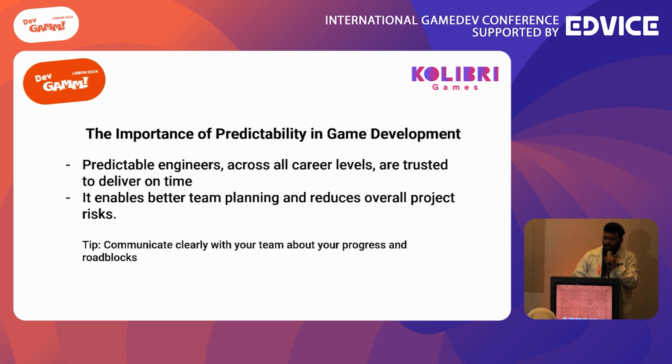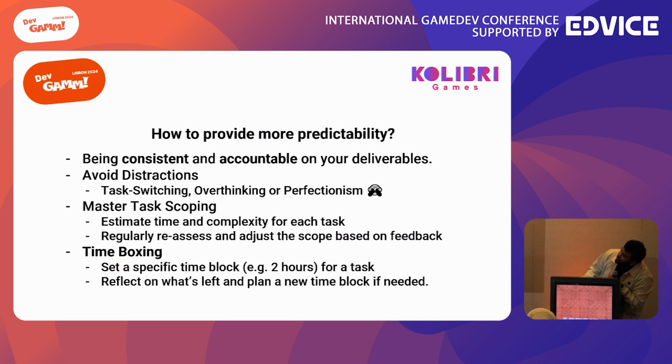Now the question is how to provide more predictability. Being consistent and accountable on your deliverables makes you more predictable, because you know what you're doing. You tell the production team, all the team members who depend on you, okay, I take the accountability and I will do it in this time frame.